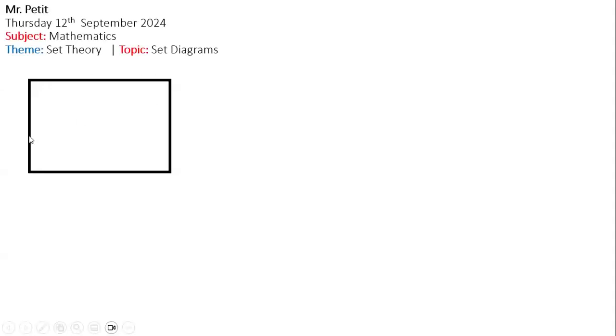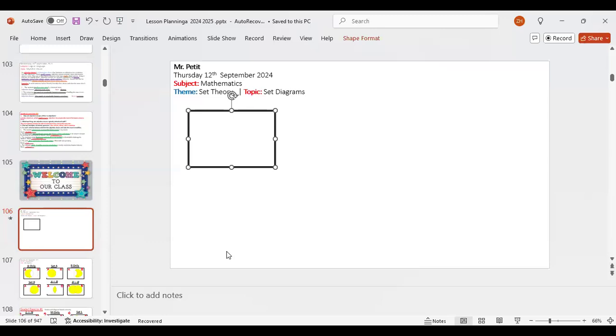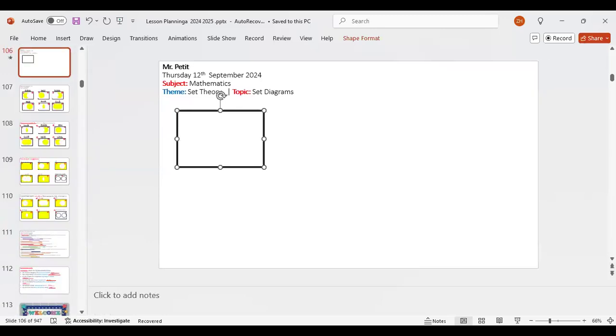First, draw your rectangle using a ruler. If you don't have a ruler, use a straight edge. Inside the rectangle, put two overlapping circles.